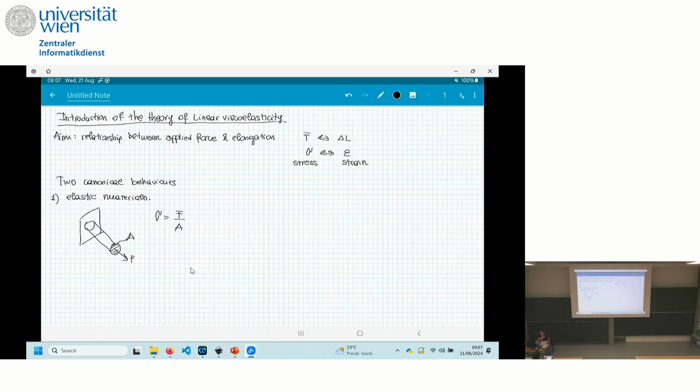So what's the unit of a stress? Pascals. Good. So it's Newton over an area, so a force per unit area.